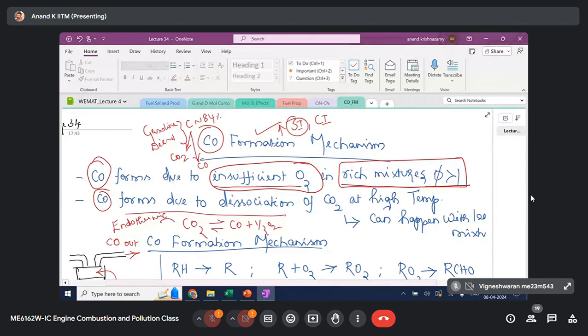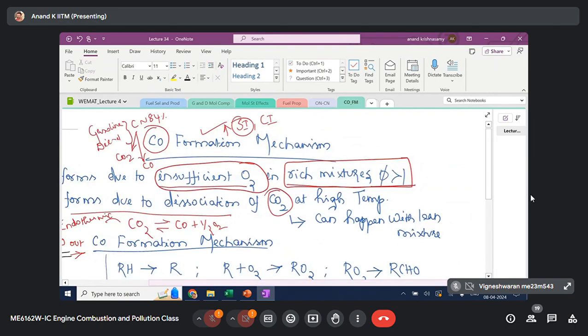Combustion is an exothermic reaction; it releases thermal energy. An endothermic reaction is the opposite; it absorbs thermal energy. So when you have sufficient thermal energy in the cylinder, CO2 is going to absorb it, dissociate, and form CO and O2. This is another source, and it can happen even with a lean mixture.